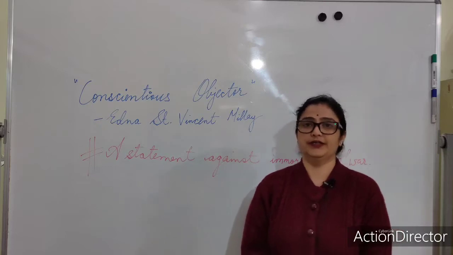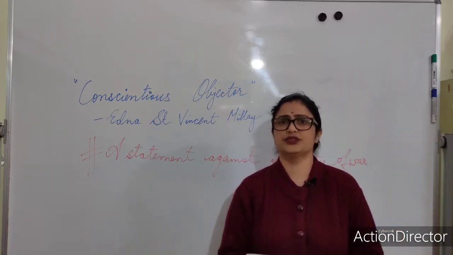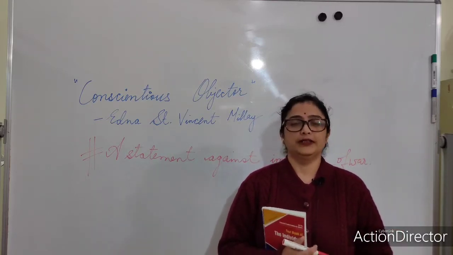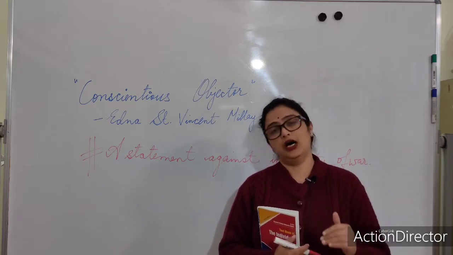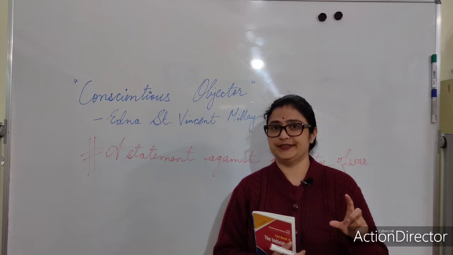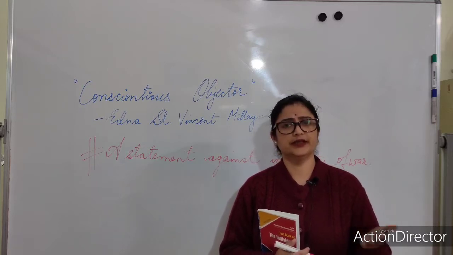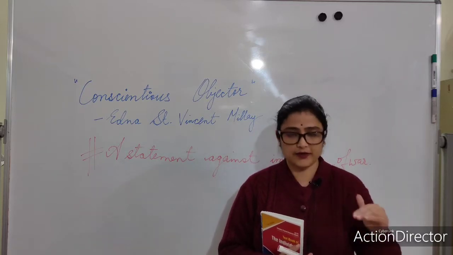Before I begin with that, I had told you earlier also that the first 3 units, Unit 1, 2, 3, are for detailed study. Detailed study में हम क्या करते हैं? Detailed study में nothing complicated.